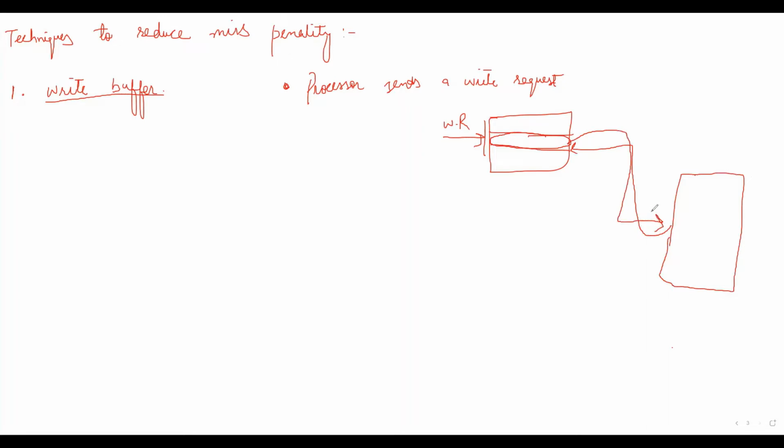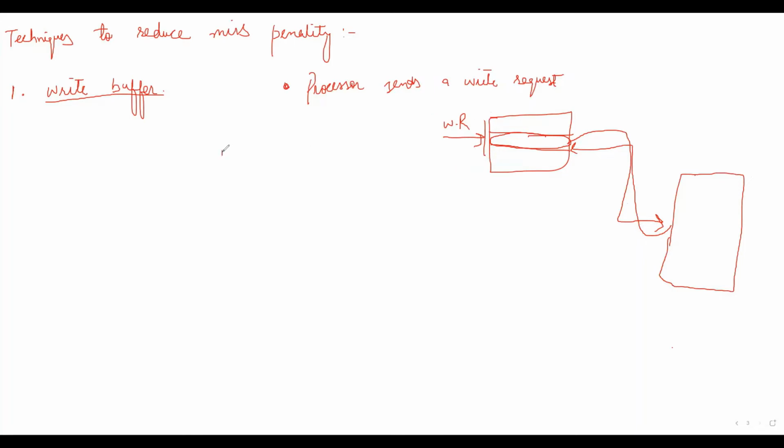Okay. So you can see that first we have to get a block, then we have to update that block, then we have to send that block to the main memory or to the lower levels. Then only we can move to the next operation.